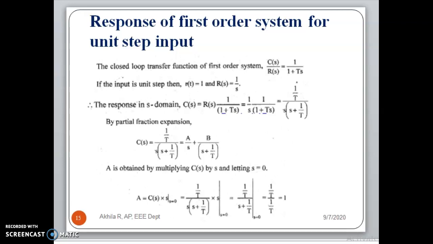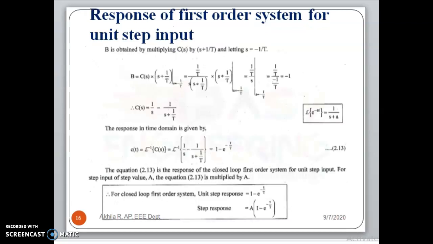So A is found to be 1, and B is obtained again by multiplying C(s) by its denominator, that is s+1/T, and substituting s = -1/T. So you're getting B having a value of -1. Your final expression will be C(s) = 1/s - 1/(s+1/T).